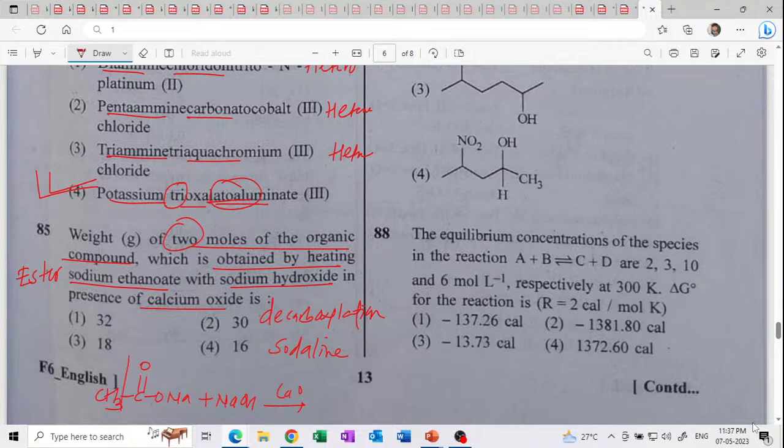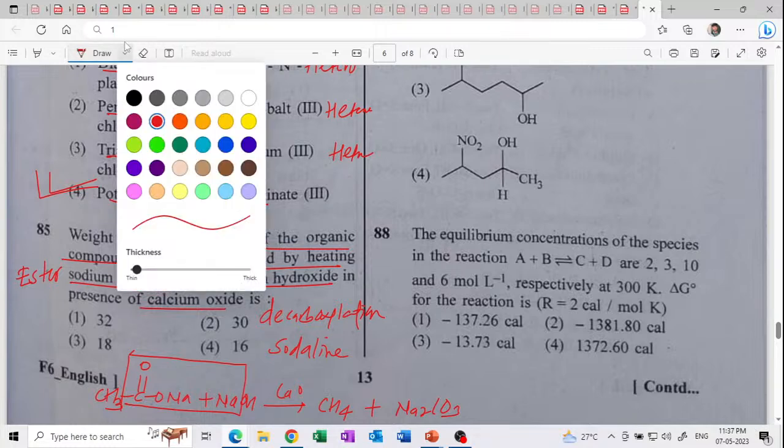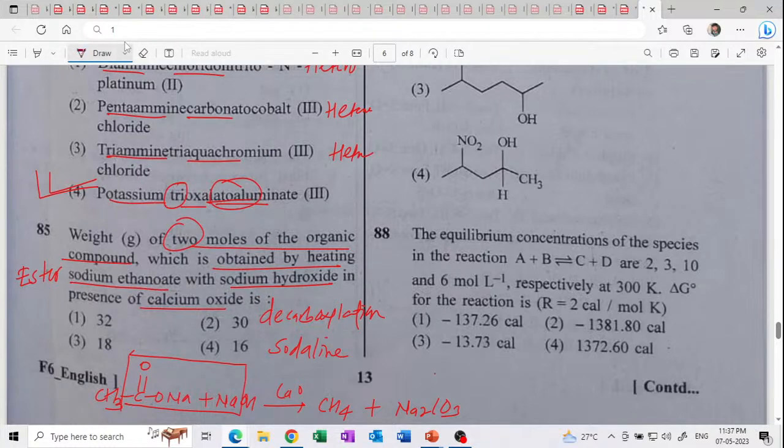So this is the elimination of the whole molecule, forming CH4 plus Na2CO3. But this is written as two molecules. So what is the molecule? It's twice methane, right? What will be the weight of one methane?